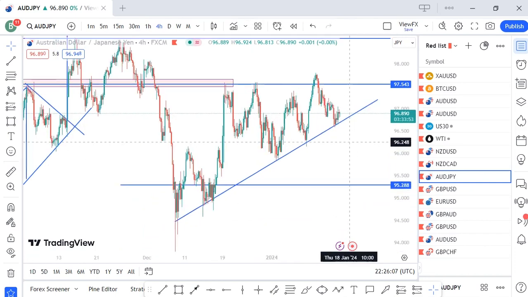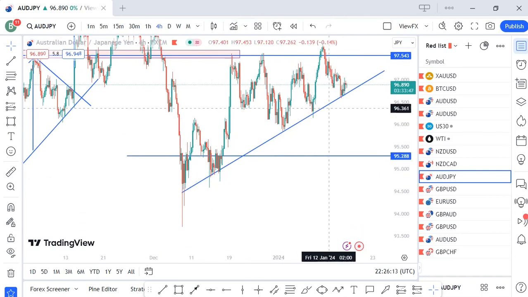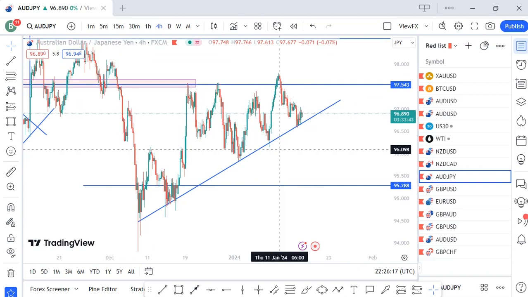What can you deduce from here? Since the 23rd of December, we've seen the pair shooting to the upside. So this is a buy.